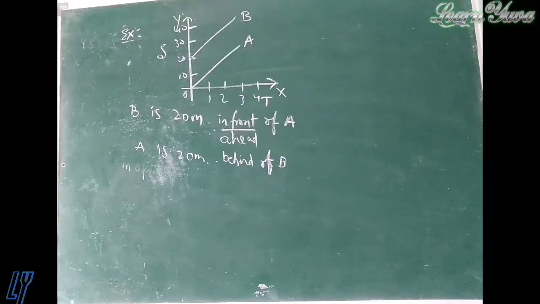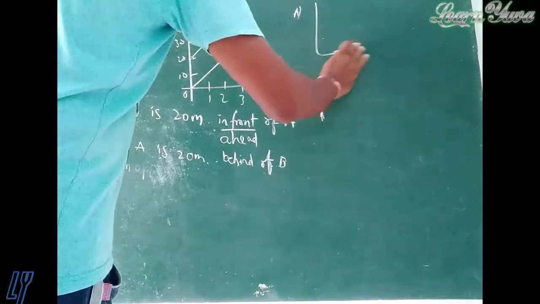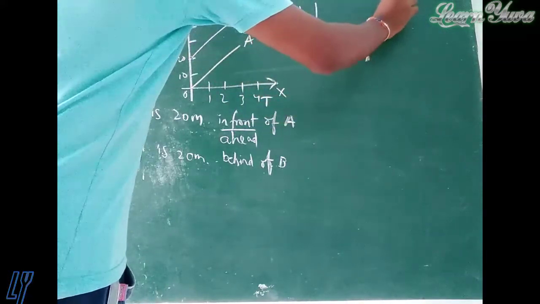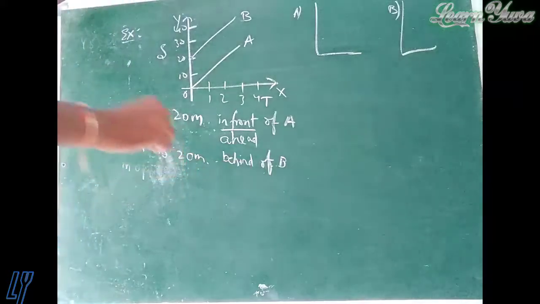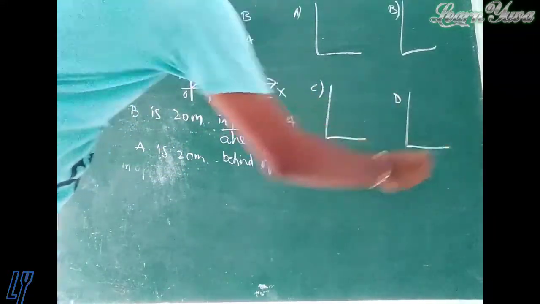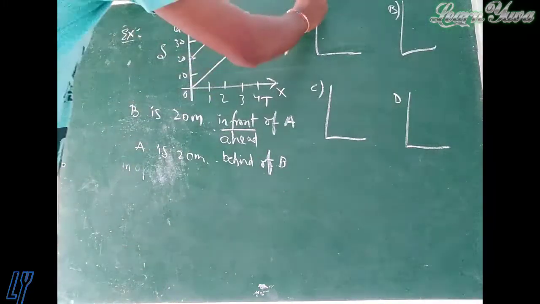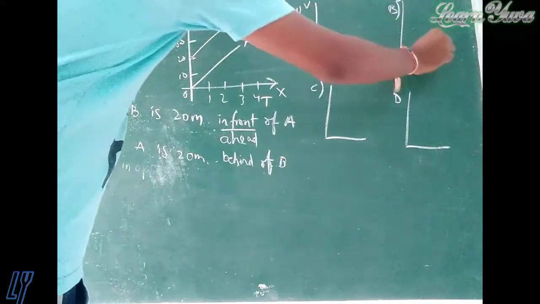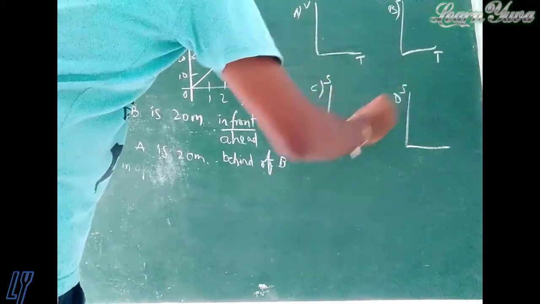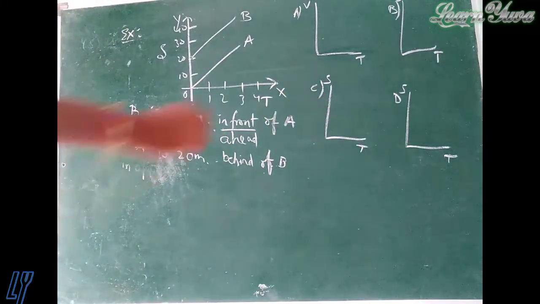Next, uniform motion. We have to select the uniform motion. Here 4 graphs are given: A, B, C and D. So speed versus time, speed versus time, speed versus time, and the graphs are like this.